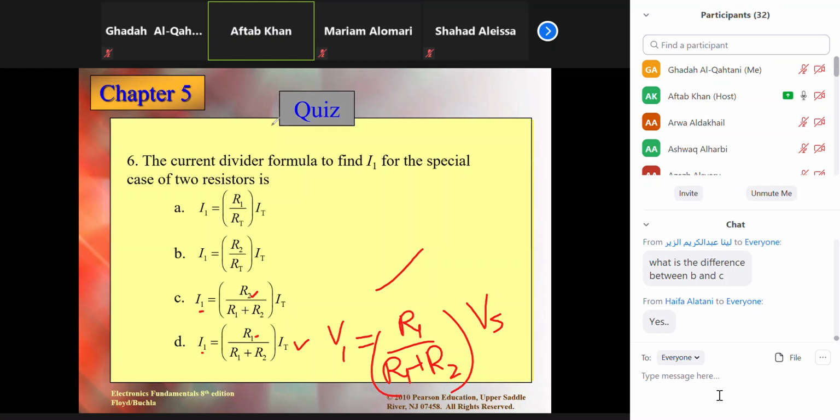B and C difference. Lena asked, what is the difference between these two? Is there anyone who can tell the difference? Good question, Lena.